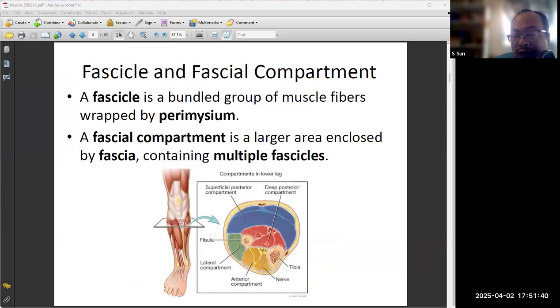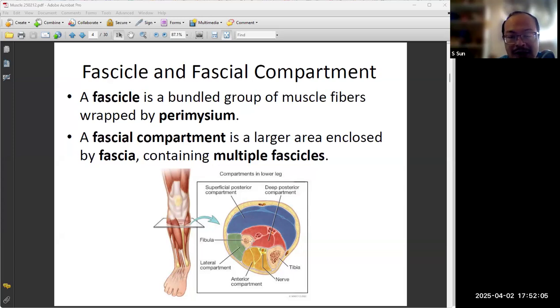So here you have one fascicle, you have another fascicle. An individual fascicle is already wrapped by perimysium. However, what we see here is that this fascicle and this fascicle are further grouped together by another layer of membrane. That will enforce the structural stability, because not just one membrane to package it.